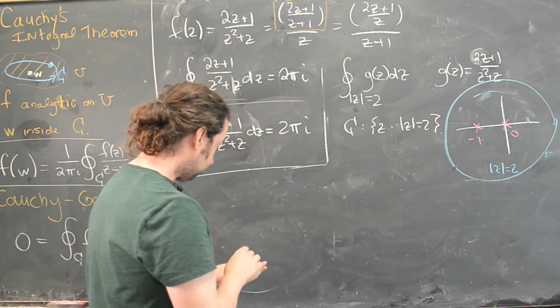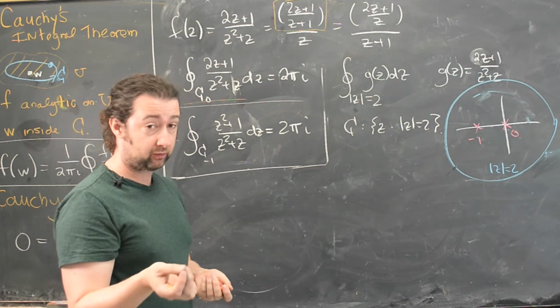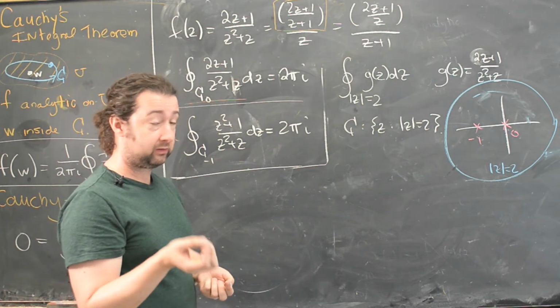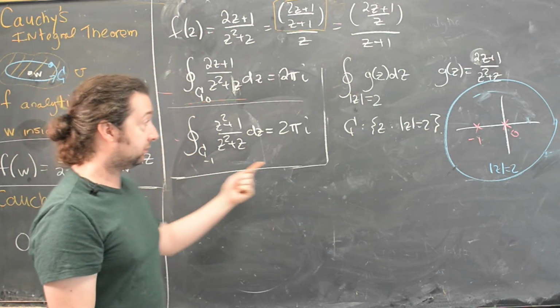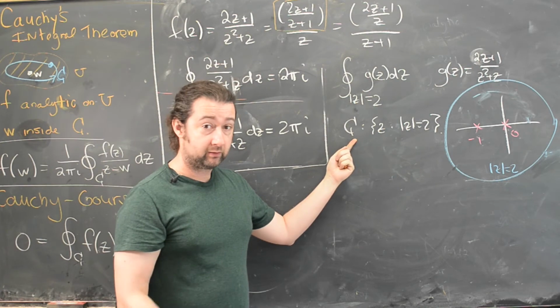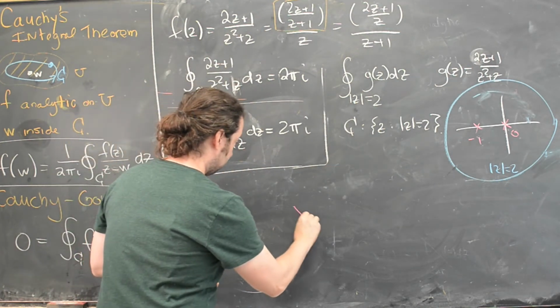All right, so the goal is to build a piecewise smooth contour with a simply connected interior that contains this contour and this contour as segments. So here's how you do that.